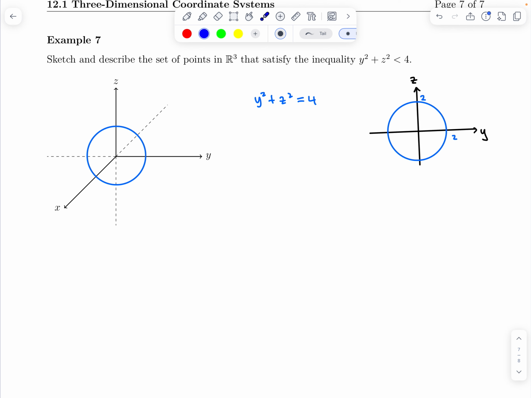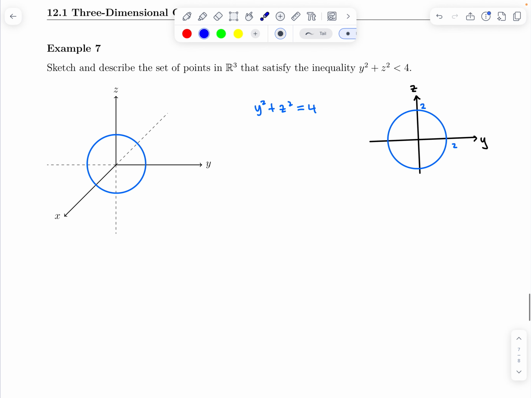Now, before I do that, I'm going to come over here and notice that this inequality is strict. So even though I've spent all this time getting to understand this circular cylinder that I need to use to bound my region, that circular cylinder is not actually going to be included. So you're going to exclude the boundary of the circular cylinder.